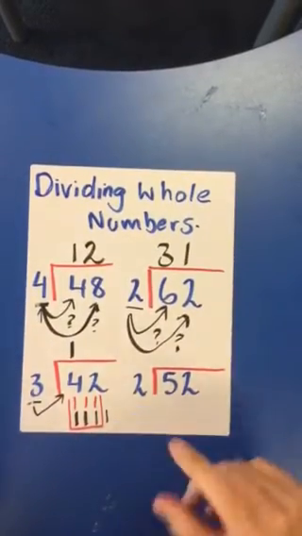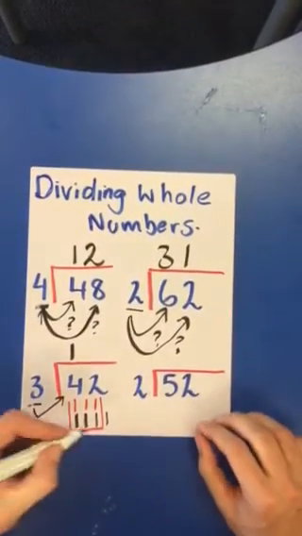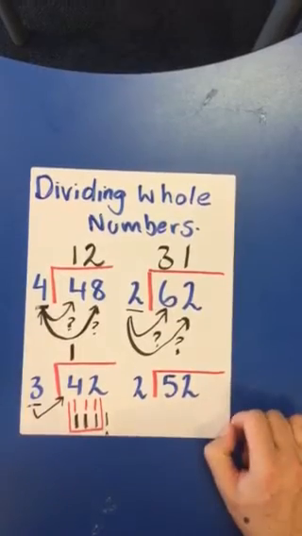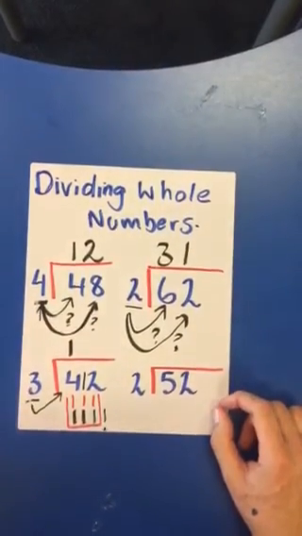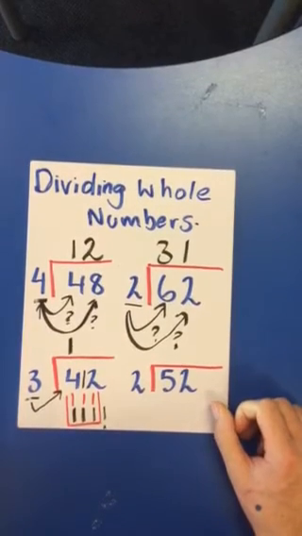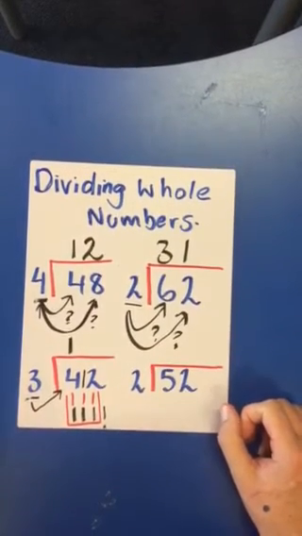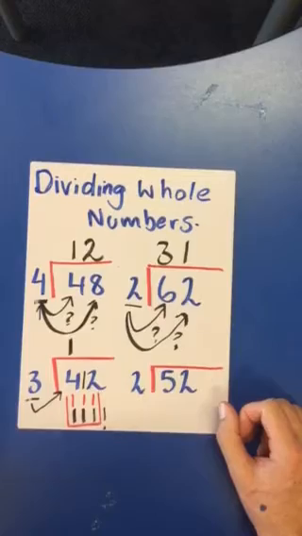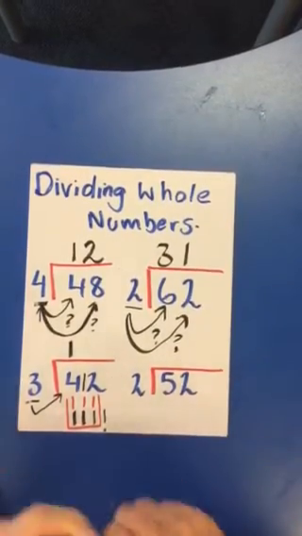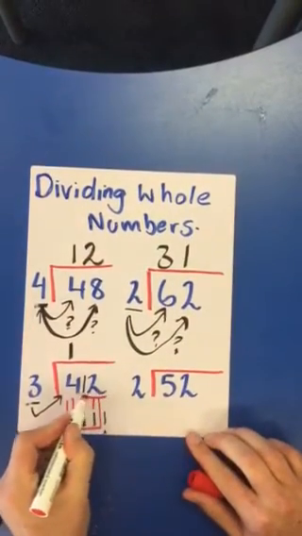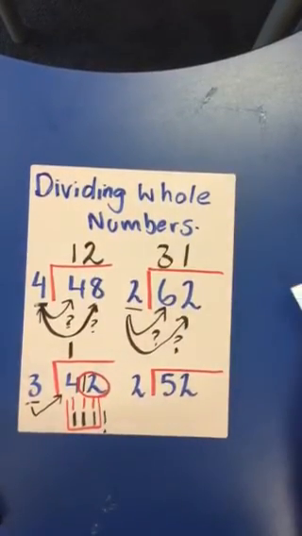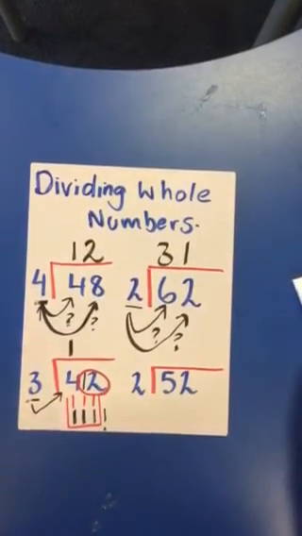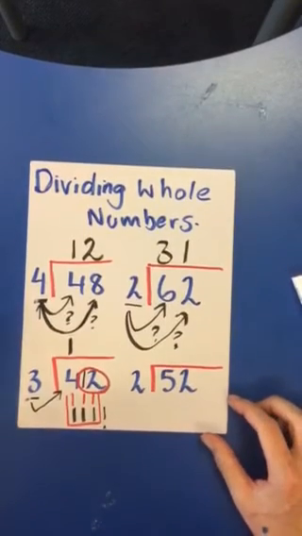So 3 fits into 4 once evenly, but with 1 left over. And this 1 left over goes in there. So we've done 3 into 4 goes once with 1 left over. That is now 12. So super important that you're really neat with what you're doing. If you're untidy, it will be hard to solve.